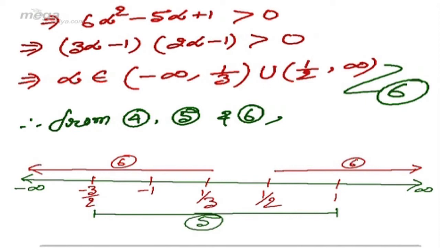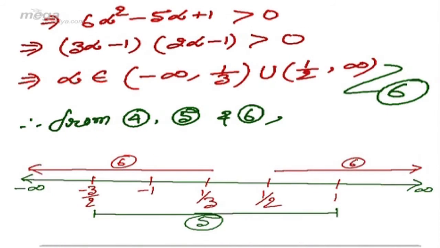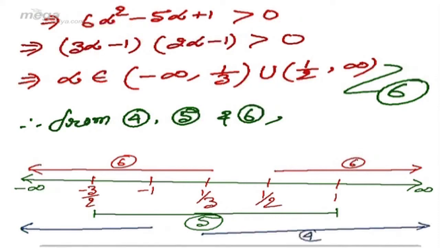And now I am writing the fourth one. Fourth one is minus infinity to minus 1 union 1 upon 3 to infinity. So minus infinity to minus 1 and 1 by 3 to infinity. This is the fourth one. Now in all of these fourth, fifth and sixth, we will find the common region.